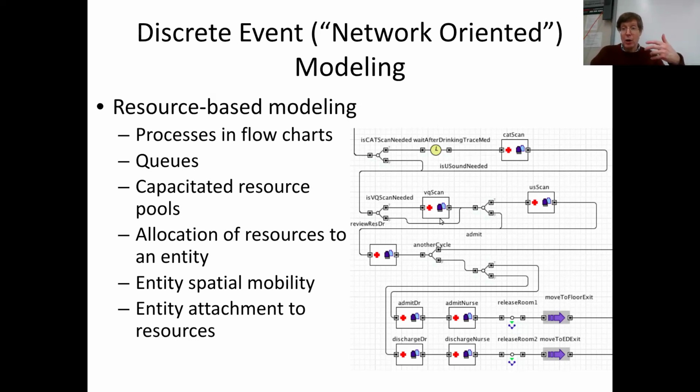Think patients, think cars on an assembly line, think individuals applying for social assistance, think individuals going through a set of processes involving application to some program. So contrast between those individuals on the one hand and the resources that are needed to allow them to progress.